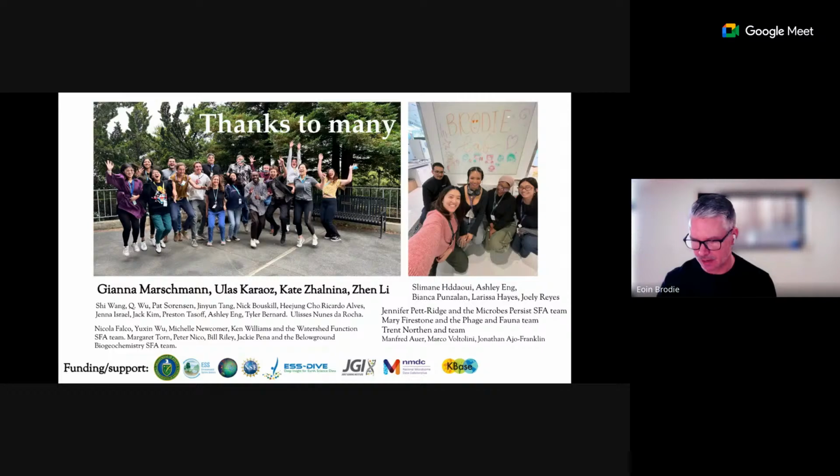The other side of priming is where there's an energetic constraint. Let's say microbes could access this carbon, but it's going to require an investment in enzymes, and they don't have enough resources coming in to produce those enzymes. If you add sugars and things like that into soil, microbes now have more energy and can invest that in making enzymes, and they can then access these otherwise inaccessible carbon sources.